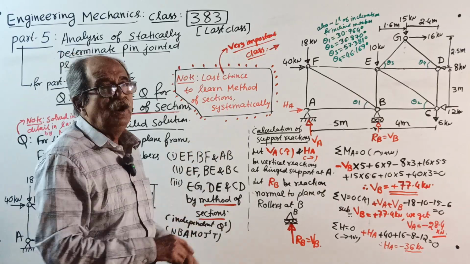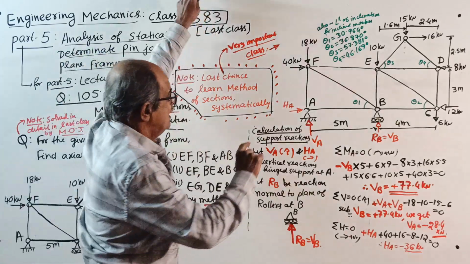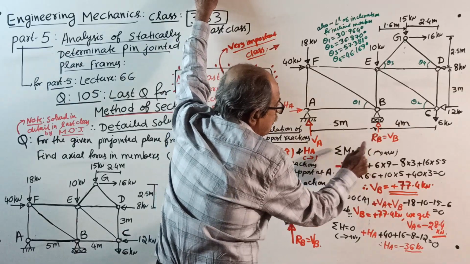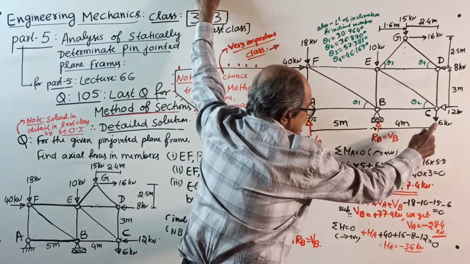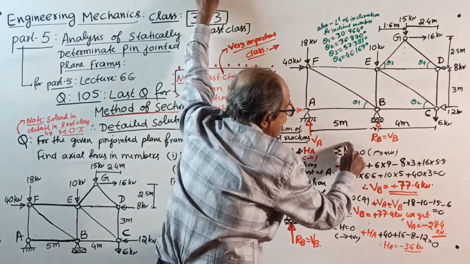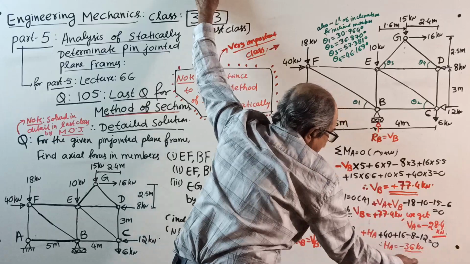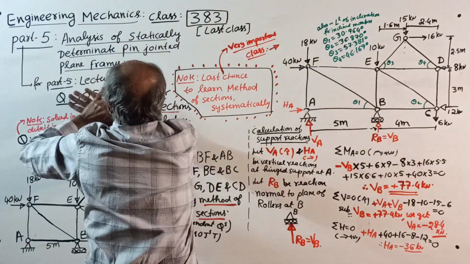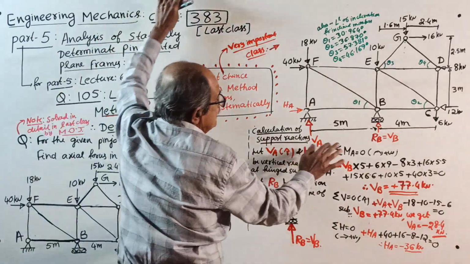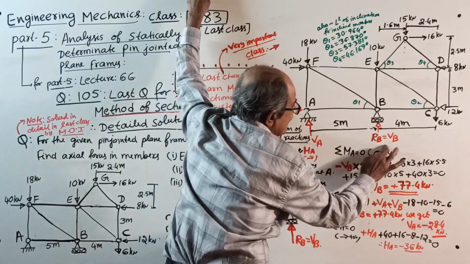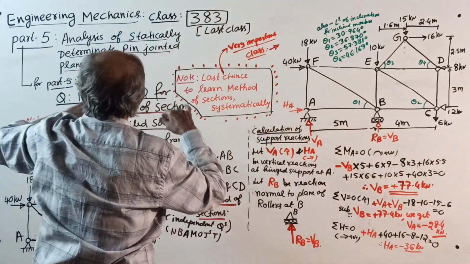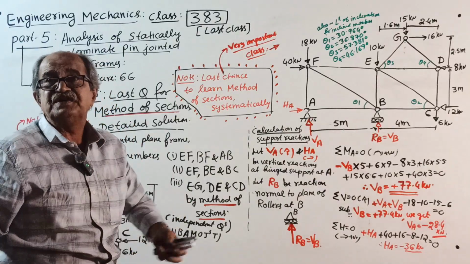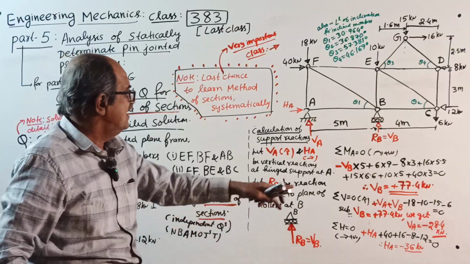So, only for information, I will write here what result we got last time by the method of joints. I want this space so that as we solve by the method of sections, we can get confidence that the answer is correct.